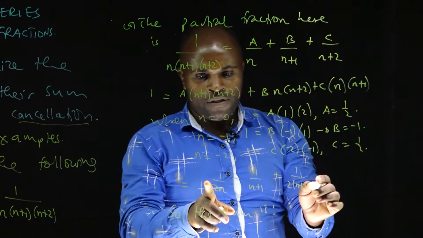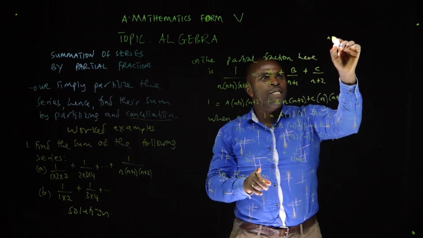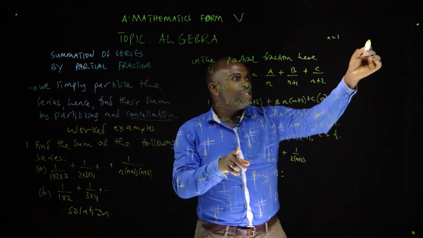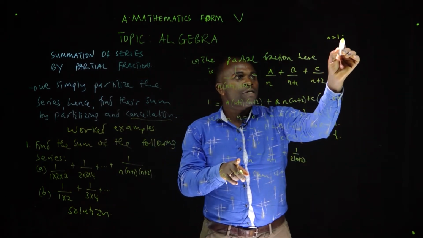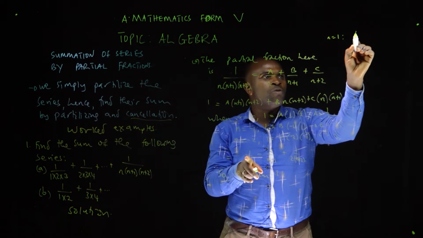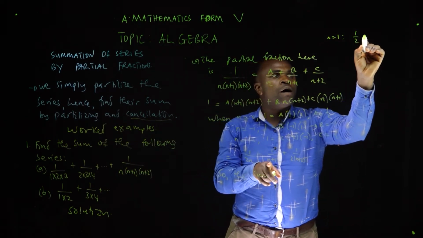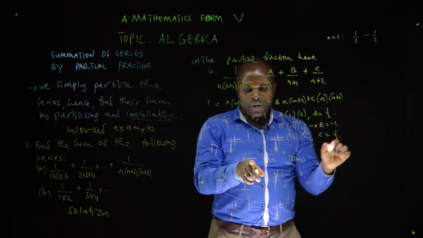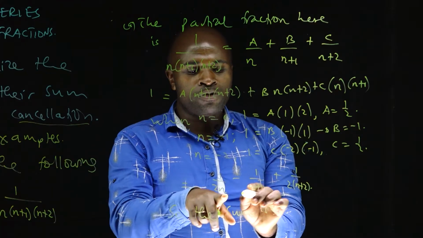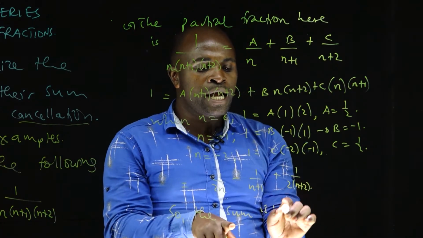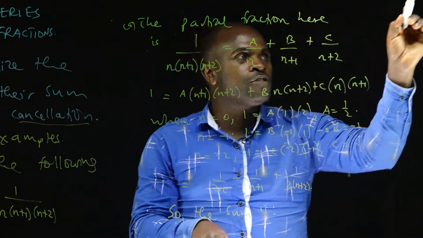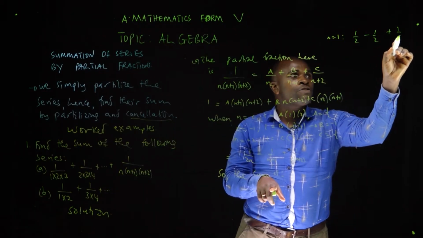We just bring this. We say, when n is 1, in this part here, the sum will remain 1 over 2 minus 1 over 2. It means we plug in 1 here, 2 times 1, and here plugging 1, 3 times 2, 6. So 1 over 6.